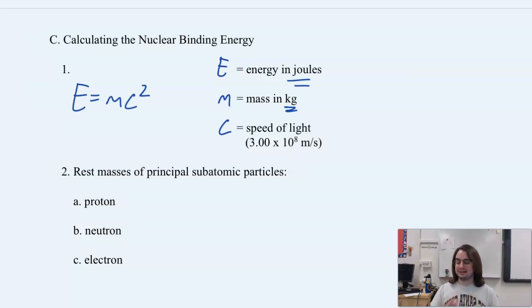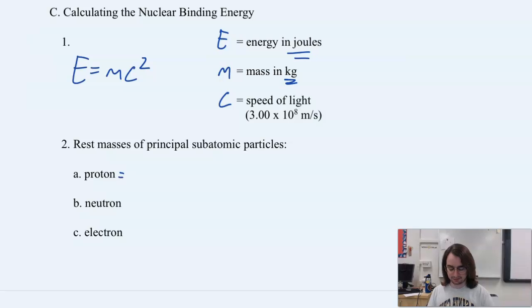Let's get real specific with our masses for each one of our subatomic particles. Before, we used to say it's about 1 AMU, but for calculations involving nuclear binding energy, we need to know the specific amount. So this is what it is. A proton isn't just 1, it's actually 1.0073 AMU.